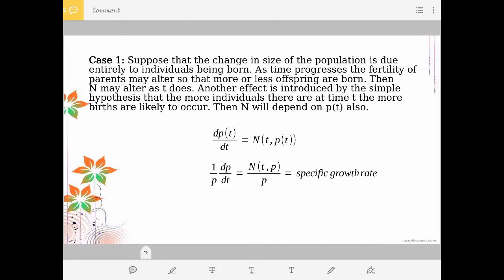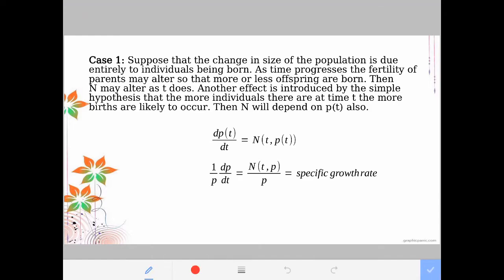So now you have an N that is a function of both t and P, and P is also a function of t. It looks complicated, but it's just coming from the definition a while ago. So in dP over dt, we just say that N is a function of both time and the population, and the population is also a function of time.